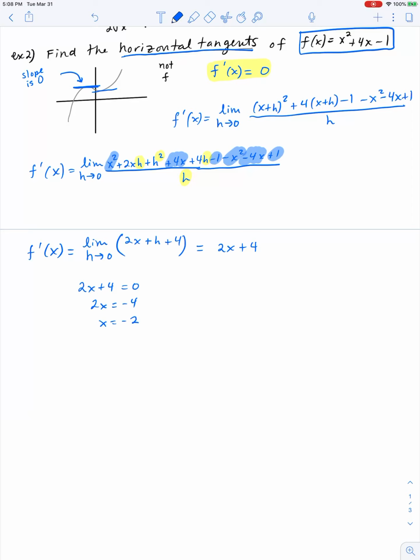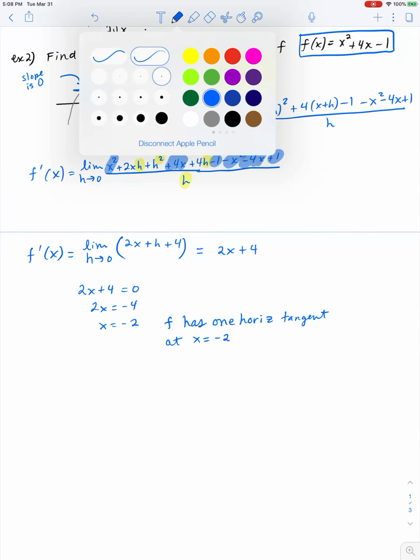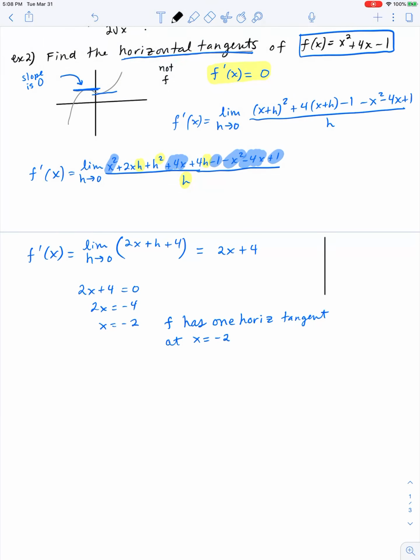So this is just one horizontal tangent, at x equals -2. We can look at what the graph looks like. We should already know that this is a parabola opening up, and without having to do much else, we know the vertex is here, because parabolas have a horizontal tangent at the vertex.